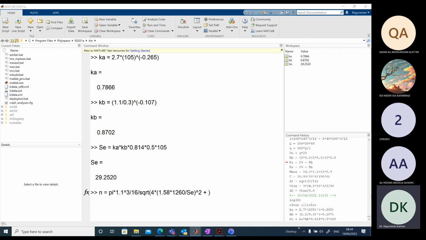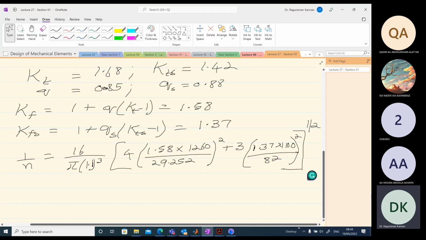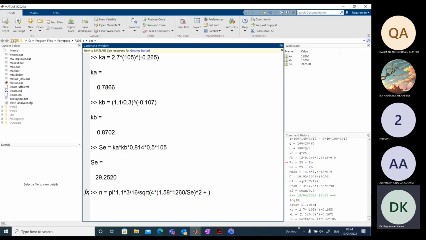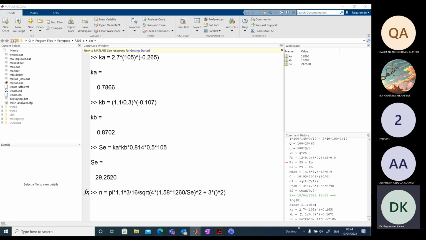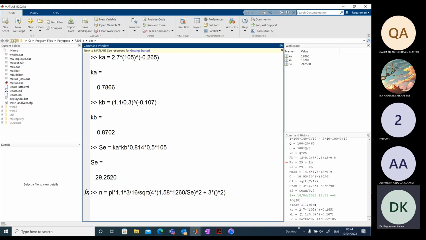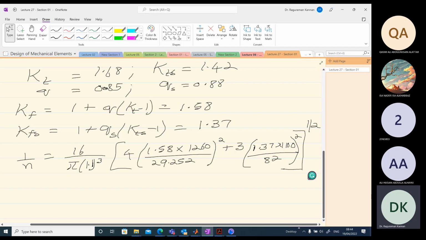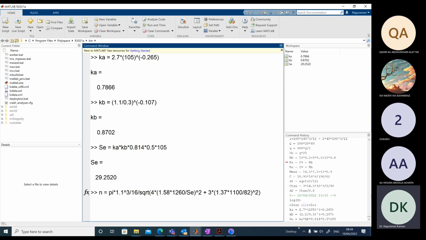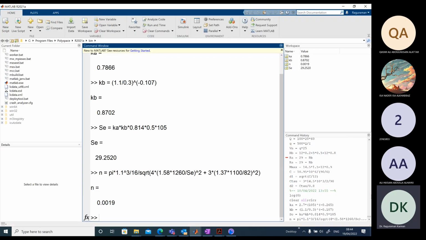Then we have 3 times, bracket open, and square of this. Inside the bracket, we have 1.37 times 1100 divided by 82. That should give you the, okay, so what are we doing wrong here.